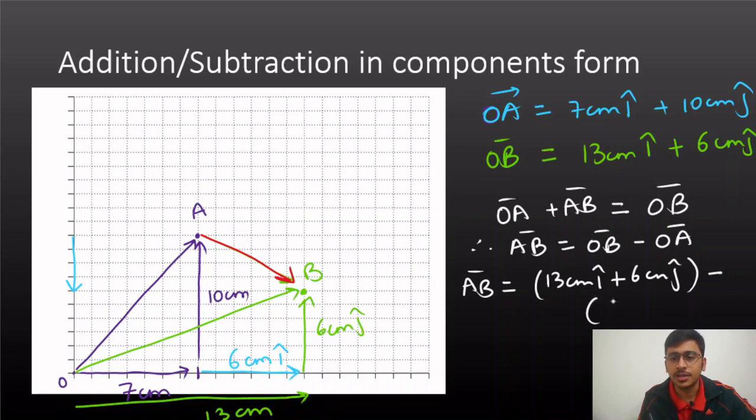OA vector is 7 centimeter I cap plus 10 centimeter j cap, to get AB vector is equal to 6 centimeter I cap and minus 4 centimeter j cap.